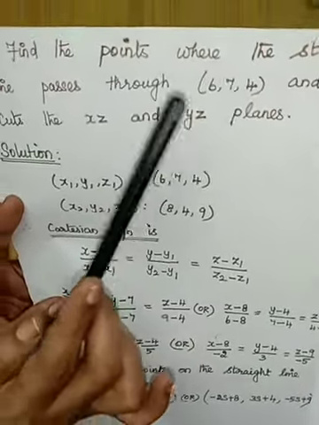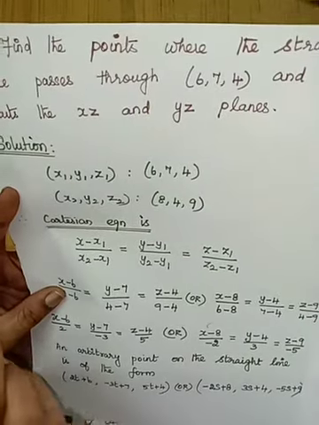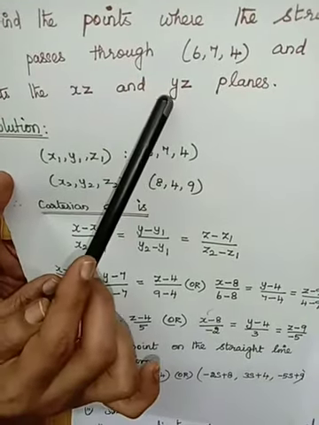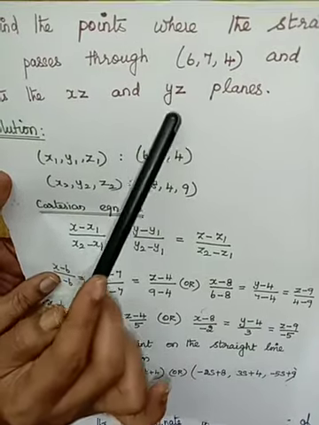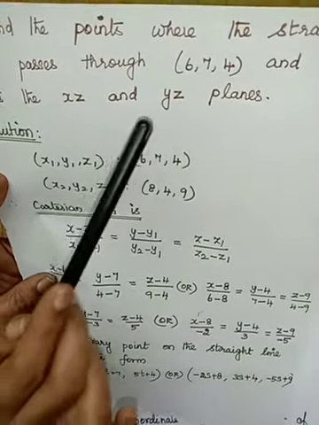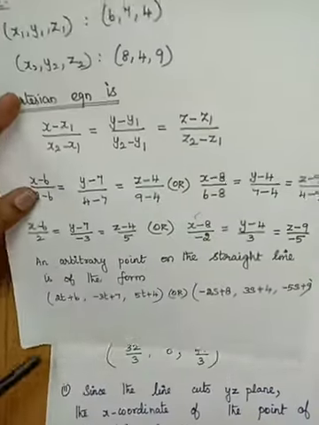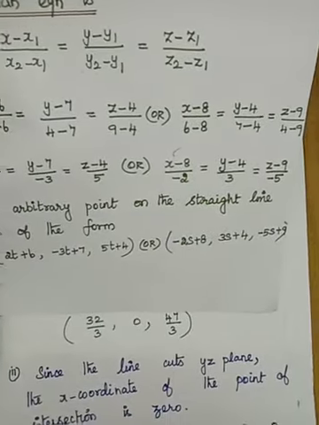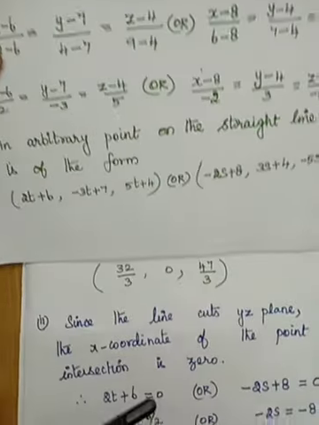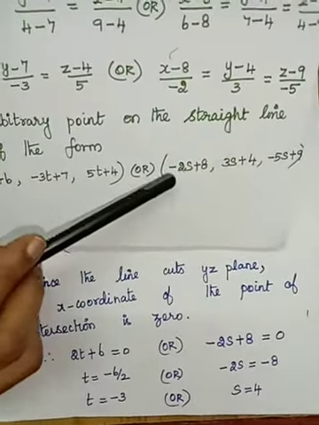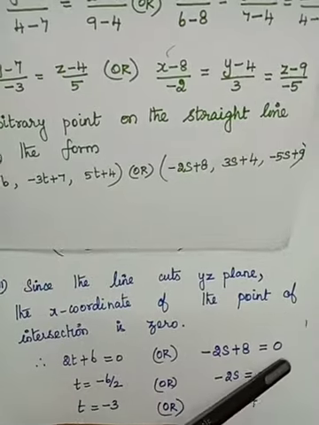Next we have to find the point at which the straight line cuts the yz plane. So yz plane means the x coordinate will become 0. What is the x coordinate here? 2t plus 6 is equal to 0, or minus 2s plus 8 is equal to 0.